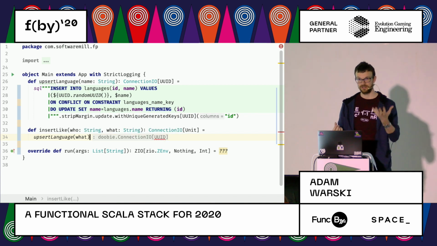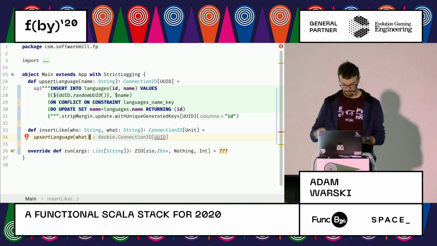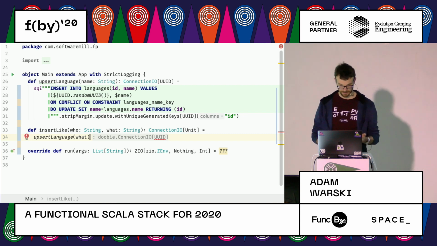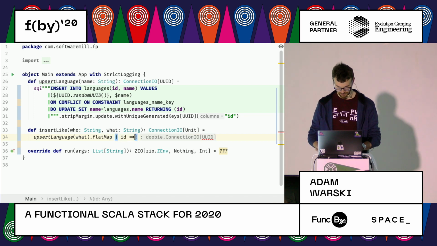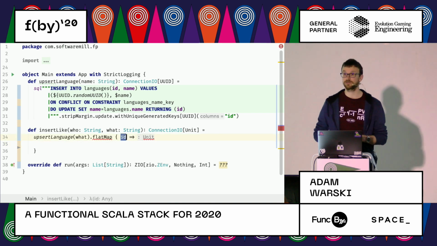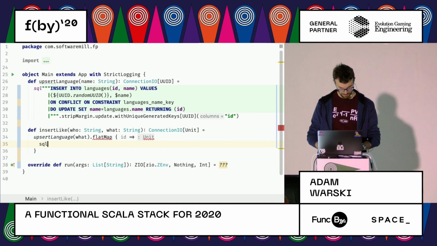The first operation is inserting the language. The second is actually inserting the like. So we always express sequencing using flat maps, and here is no different. So we flat map the connection IO value. That's the ID of the inserted language, which we can use in our query.